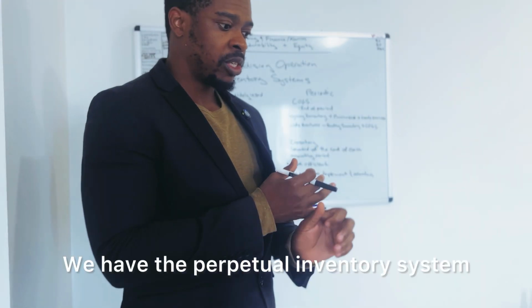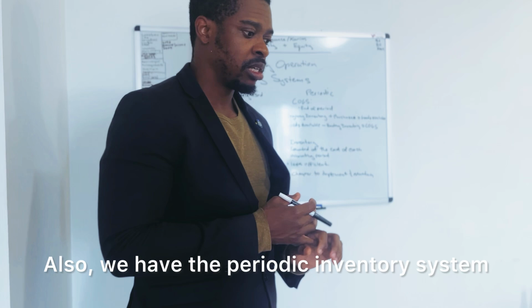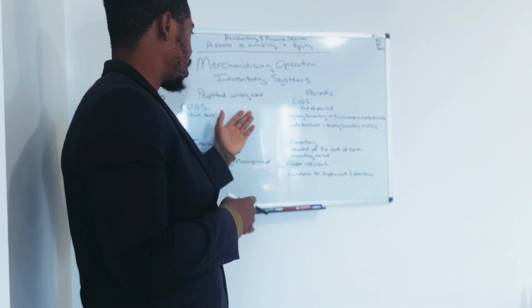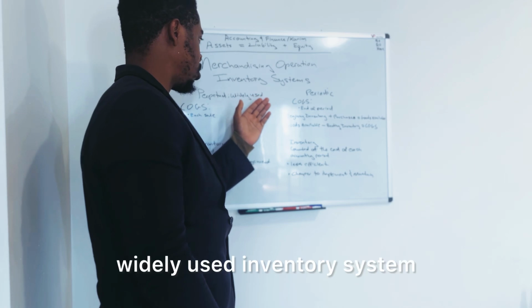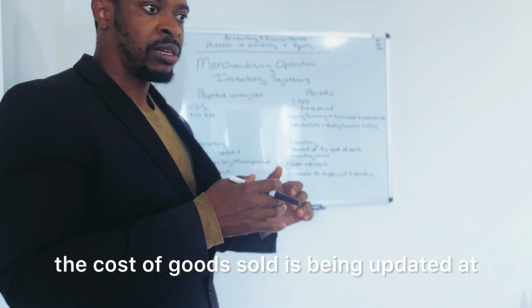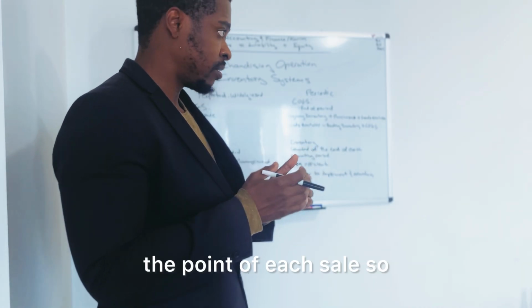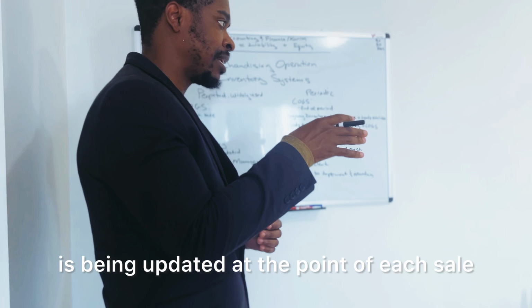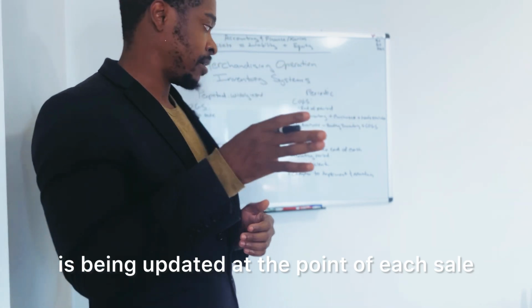We have the perpetual inventory system. Also, we have the periodic inventory system, right? The perpetual inventory system is the most widely used inventory system. The cost of goods sold is updated at the point of each sale. Also, your inventory account is updated at the point of each sale.